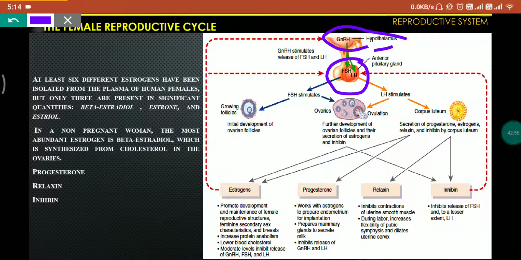Estrogen helps in the development of female sexual characters, increases protein anabolism, lowers blood cholesterol, and inhibits the levels of FSH, LH and GnRH. When estrogen levels rise, the hypothalamus stops the production of gonadotropin releasing hormone and further release of follicle stimulating and luteinizing hormone, forming a feedback loop. Inhibin also inhibits the production of luteinizing hormone.